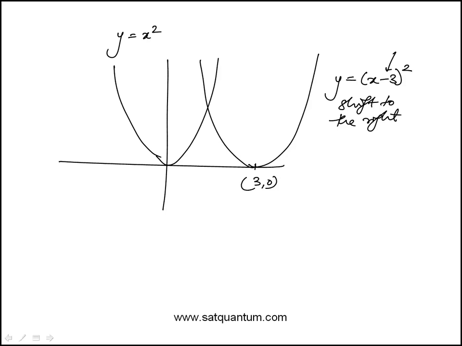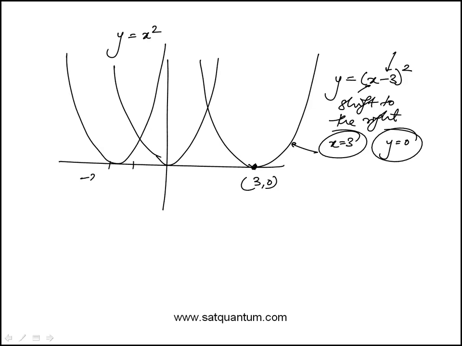One way to check that is that when x is 3, for this parabola, y must be 0. And if you replace x with 3, y is indeed 0. So shifting to the right would be x minus 3. If you're shifting 2 units to the left, here the equation would be (x plus 2) squared. So these are all horizontal shifts.